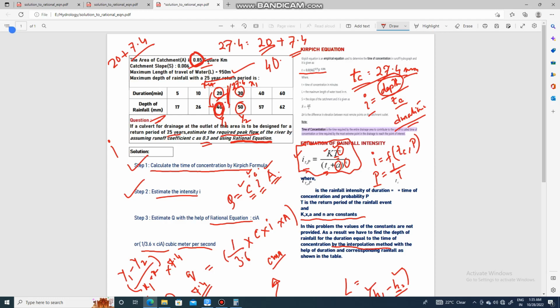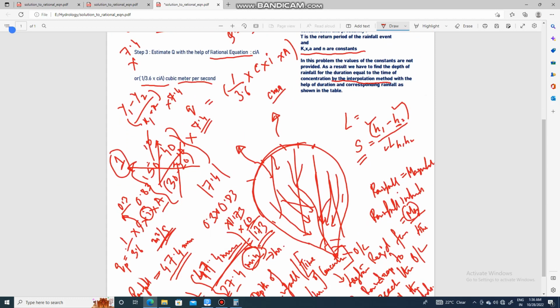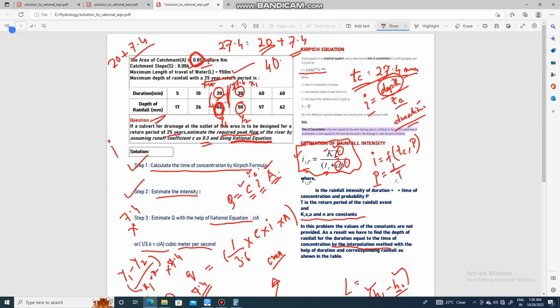So what we will do is multiply the remaining portion of the duration, that is 7.4, into the slope of this part.